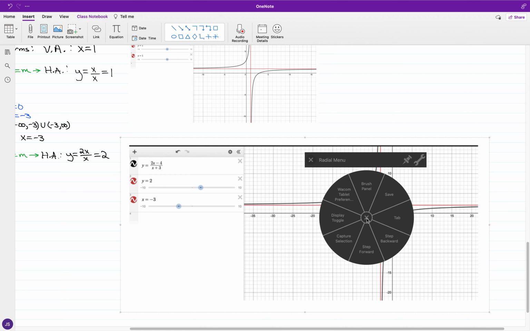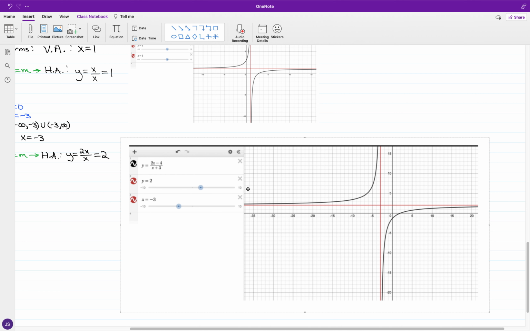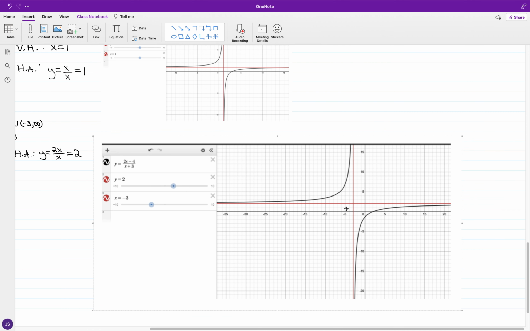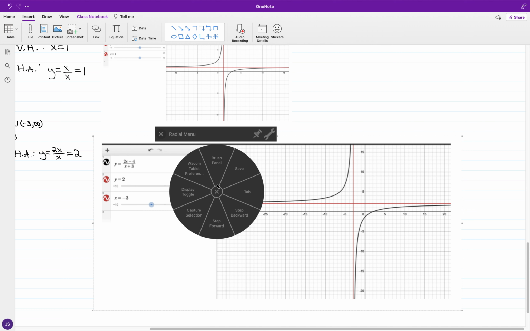And for the horizontal asymptote, you have it hovering above the x-axis, so y is equal to 2. And again, these formations contain the sections that are formed by our given rational function, 2x minus 4 all over x plus 3.